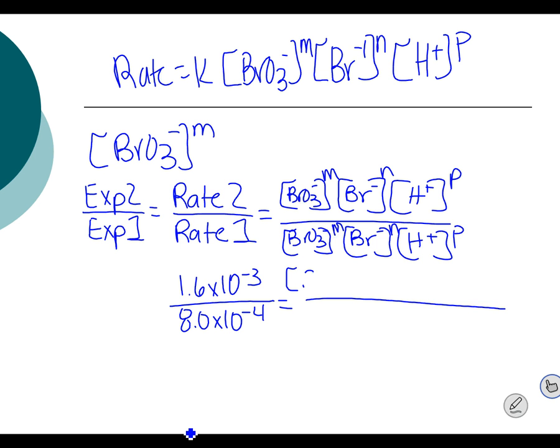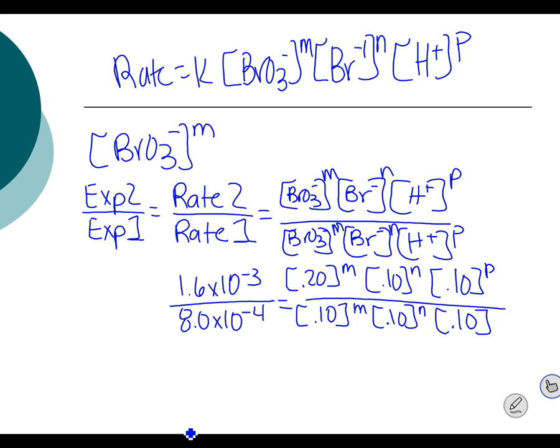In experiment number 1, it was 0.1. And then for our bromide, both times it was 0.1. And same thing for our hydrogen. Both times it was 0.1 as well.